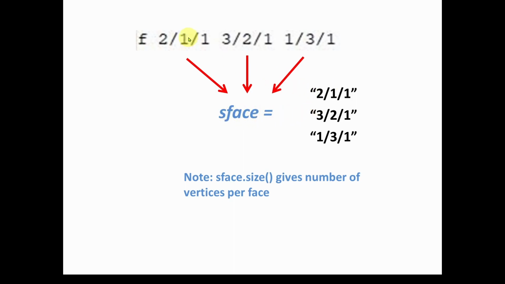Basically it parses those into, in this case, the string representation of the indices of 3 vertices, and puts that into a vector of 3 string elements. And also, as we said before, the size of this tells us how many vertices per face for this face. So that will come in useful a little bit later. So basically it sets up an S-face vector of 3 strings.